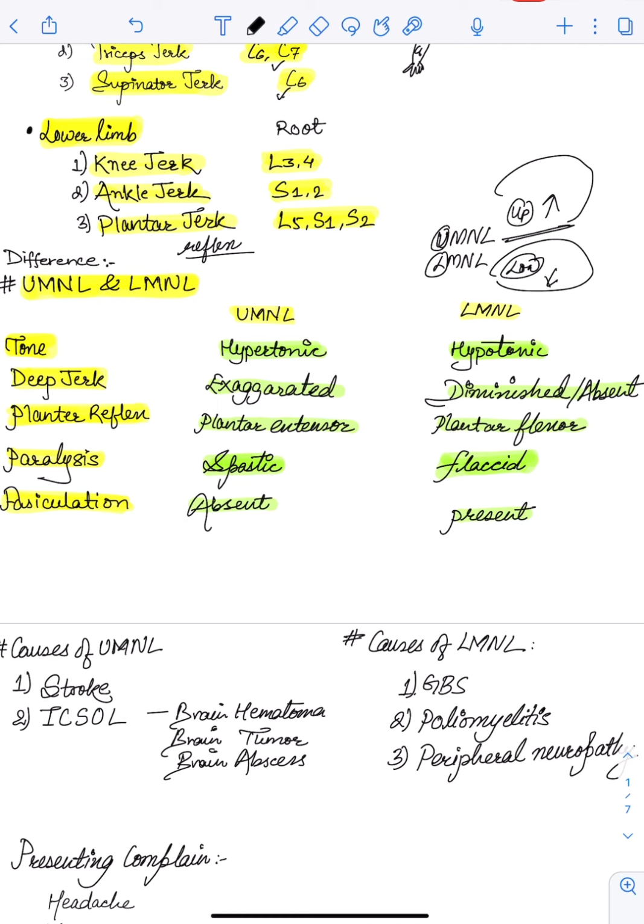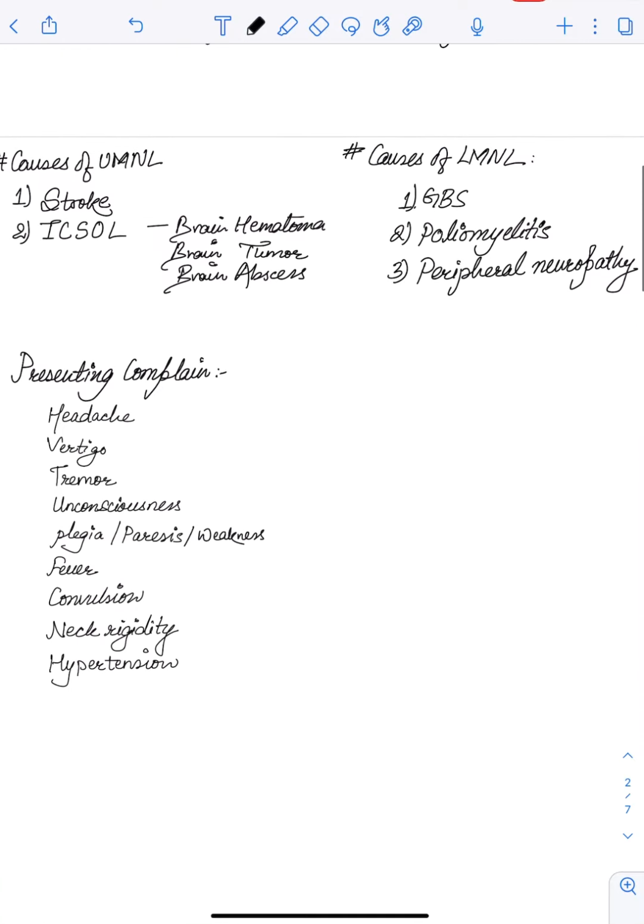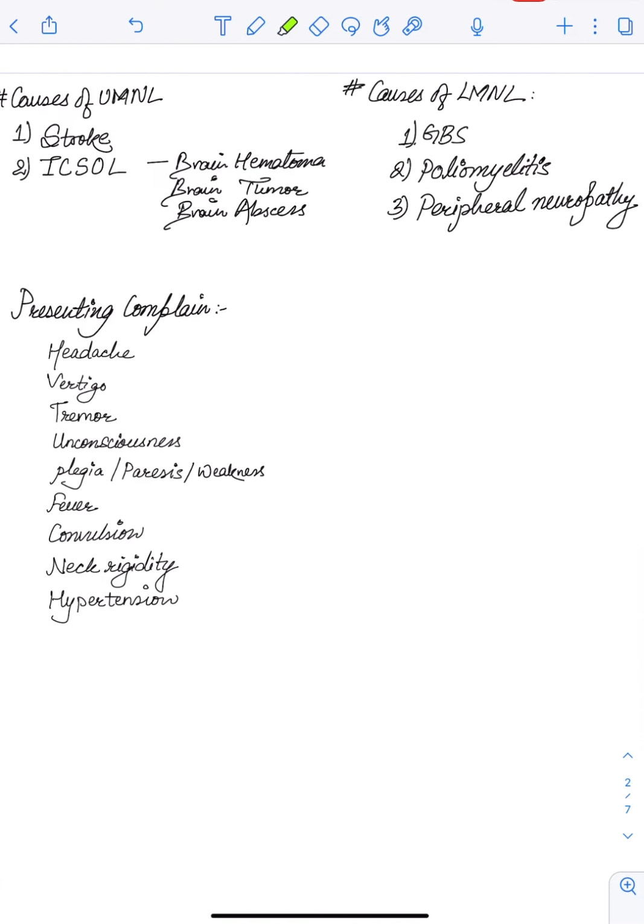Now let's go to the causes of upper motor neuron lesion. For MBBS level, you must know stroke; for the others you can go through the standard books from an exam point of view.